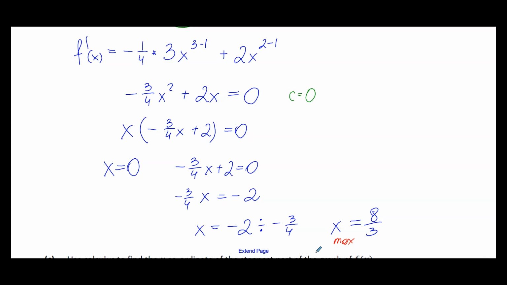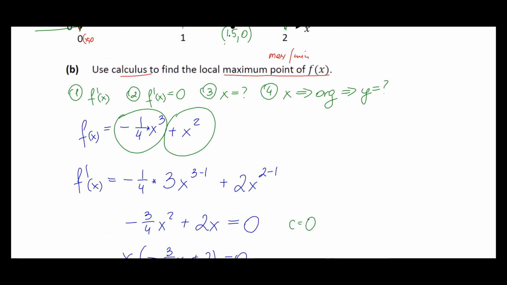Now, that's not finished because we have to give the coordinates of that maximum point. So now that we have the value of x, what do we do with that? We take it back to the original function, and we are saying, let's find the value of y when x is 8 over 3.